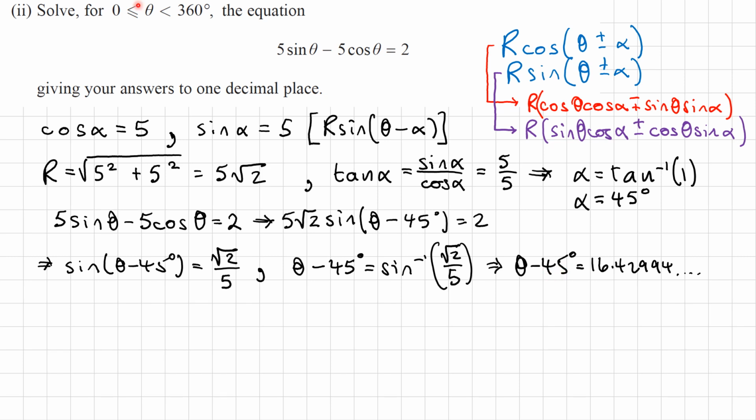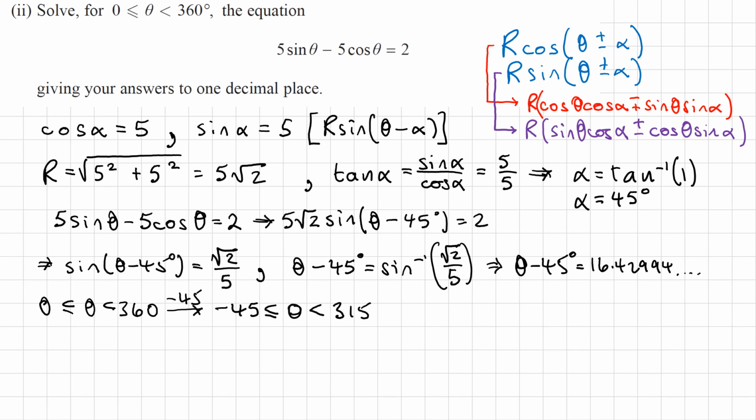And like I did with the last question, I'm going to change the range so that it's for theta minus 45, to work out whereabouts in my CAST diagram I need to look to find solutions. So I'm taking my range, which goes from 0 to 360, and I'm going to take away 45 from all three sides of that inequality, and I'll have minus 45 is less than or equal to theta minus 45, which is less than 315. So on my CAST diagram, I'm going to be looking between negative 45 and 315 degrees.